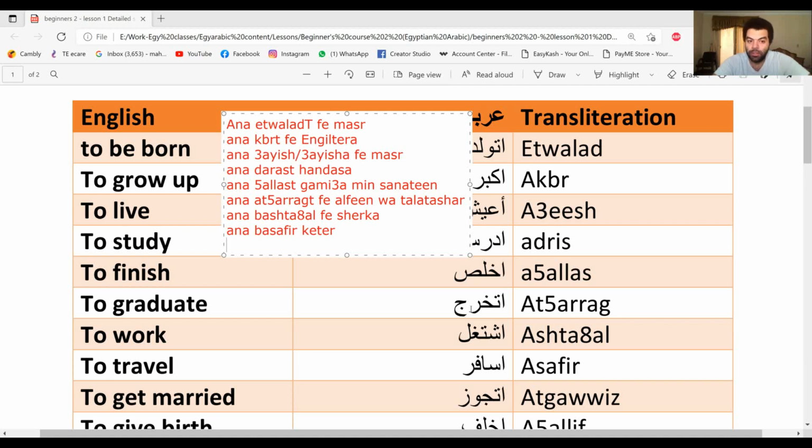Also 5 letters. So in the past, it's not going to change. It will keep alif. So أنا, I got married. أنا اتجوزت من, let's say 5 سنين, 5 years ago. اتجوزت من 5 سنين.